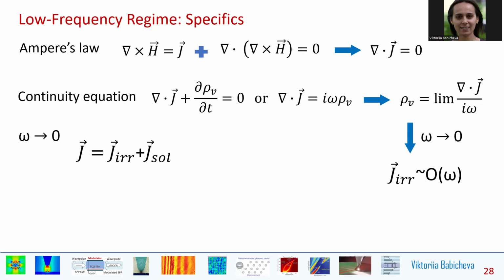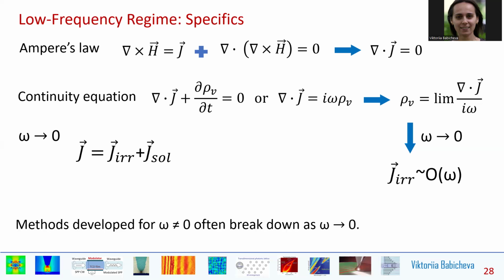In order for the equation to reduce to finite charge at omega 0, J_R should be of the order of omega when omega tends to 0.